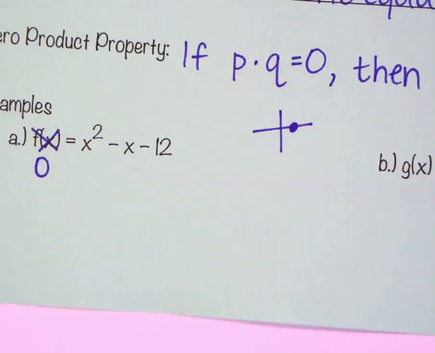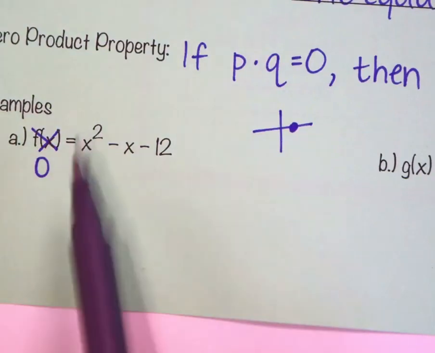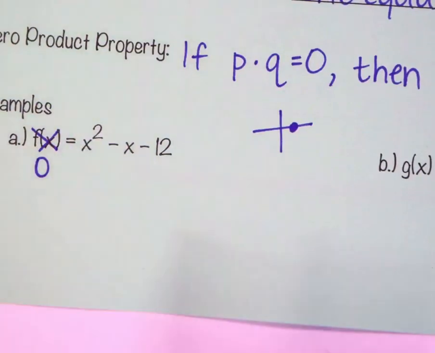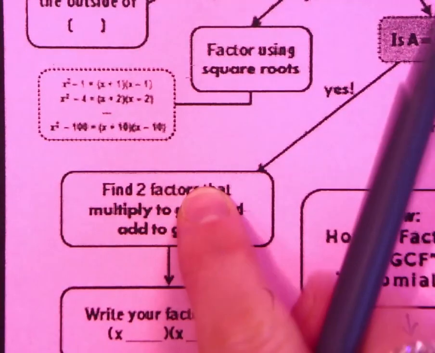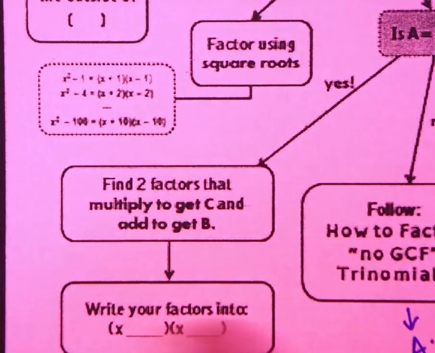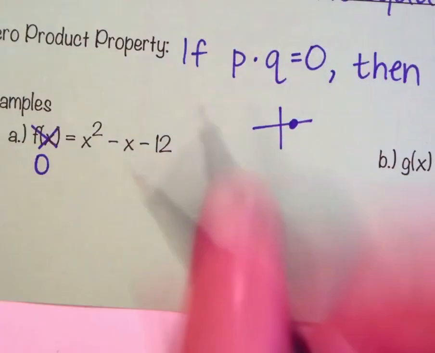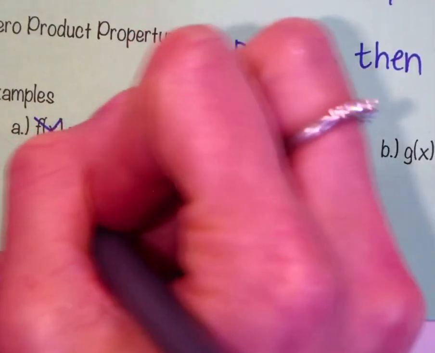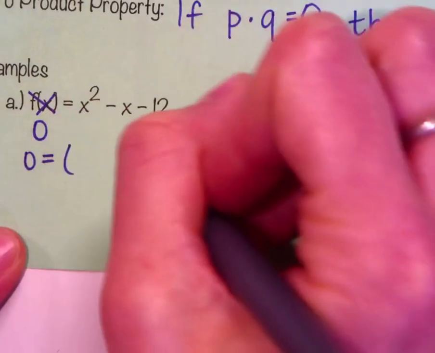There is no greatest common factor. This is not a difference of squares. A is 1. So we're going to find two factors that multiply to get C and add to get B. If we think about working backwards, we've got to keep our 0 over here.